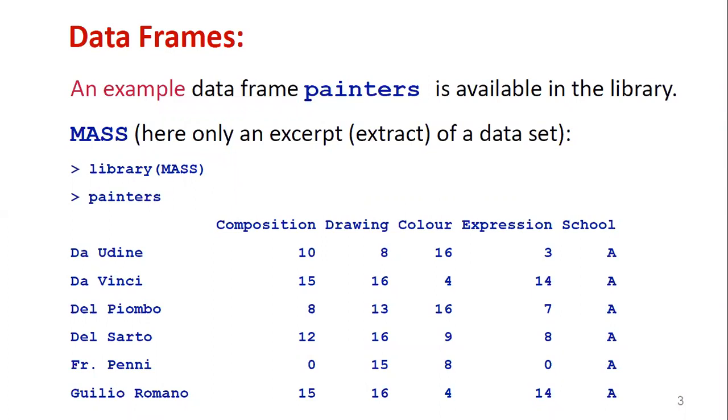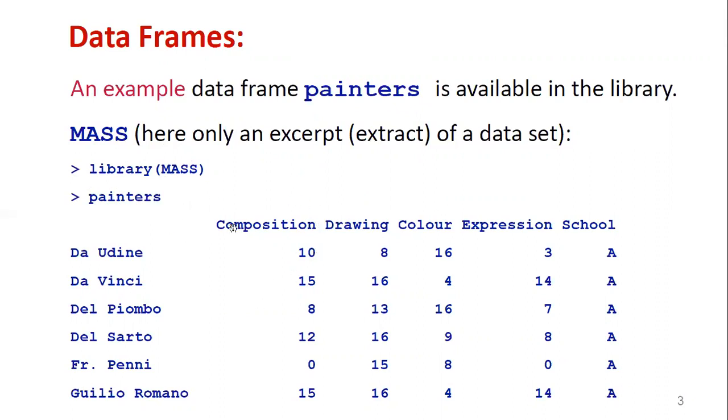So let us recall that in the earlier lecture we had used a data frame or data set called painters, and this was contained in the library MASS. So you can recall again, by using the library MASS, then the database painters.